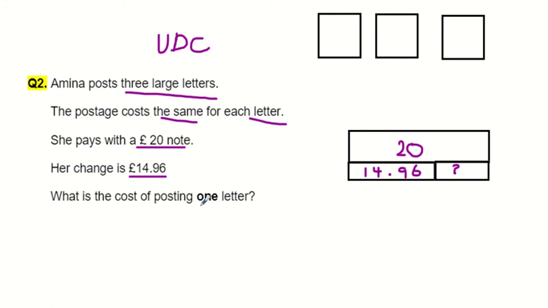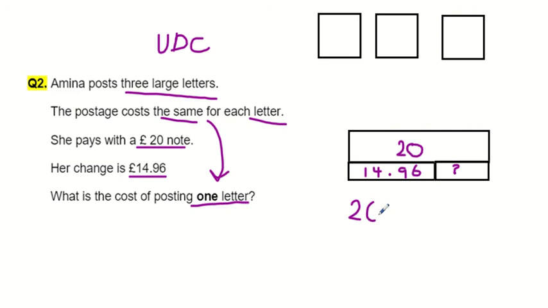What is the cost of posting 1 letter? Now we know that it's the same, and there are 3 letters. So this bit here, this difference needs to be shared between the 3 letters. So I'm going to start by finding the difference.